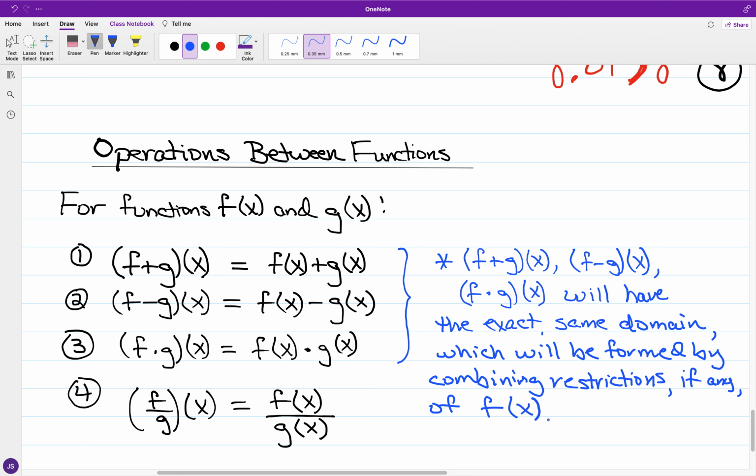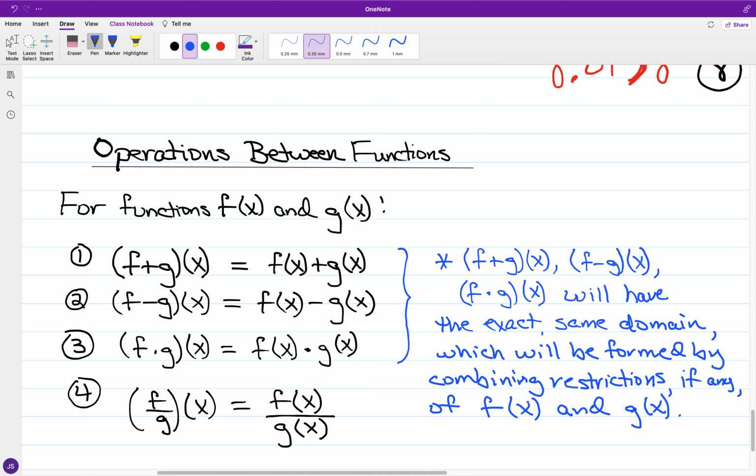What I mean by this is, if there are no limitations to f of x or g of x, like the domain of f of x would be all real numbers, that of g of x would be all real numbers, and that would roll over to the sum, difference, and product functions, where you would have the set of all real numbers throughout. But if there are any limitations to f of x or g of x, those limitations will carry out to the sum, difference, and product functions, and they'll also be imposed for the quotient function.